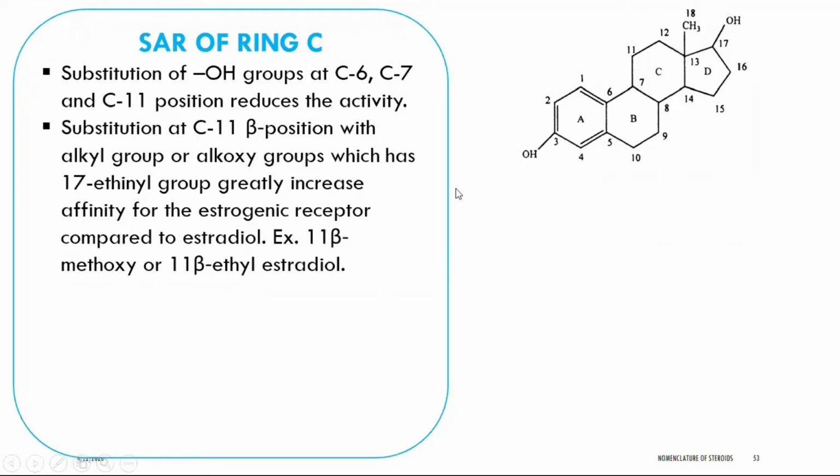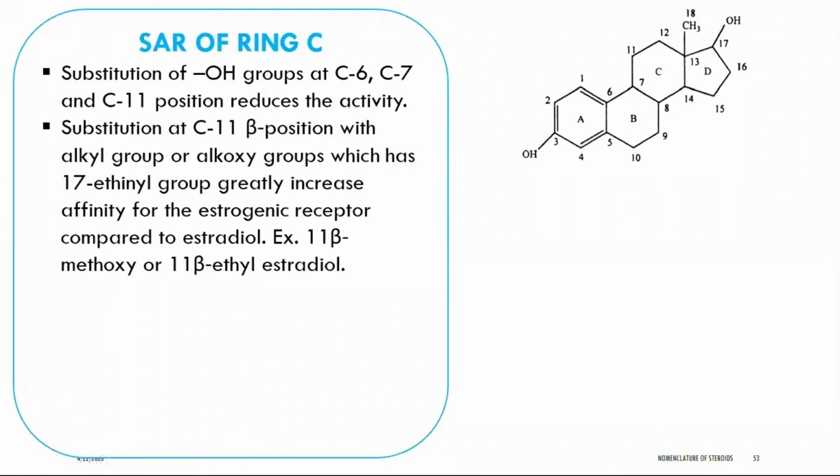What was the first point? Substitution of a hydroxy group gives a total reduction in activity. But instead of a hydroxy group, if we substitute the C11 beta position with various alkyl groups or alkoxy groups, also having a 17 ethinyl group, that greatly increases the affinity for the estrogenic receptor compared to estradiol.